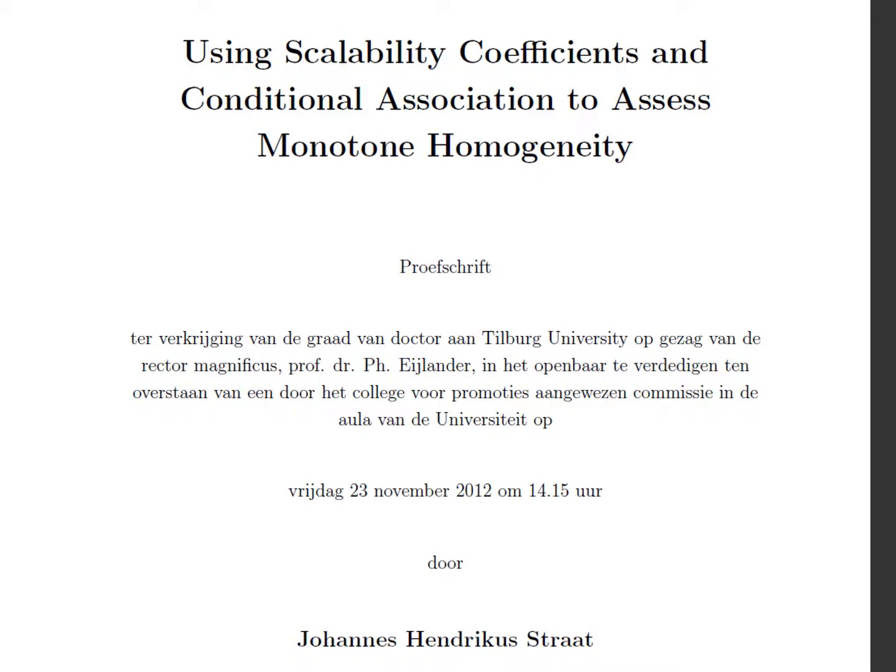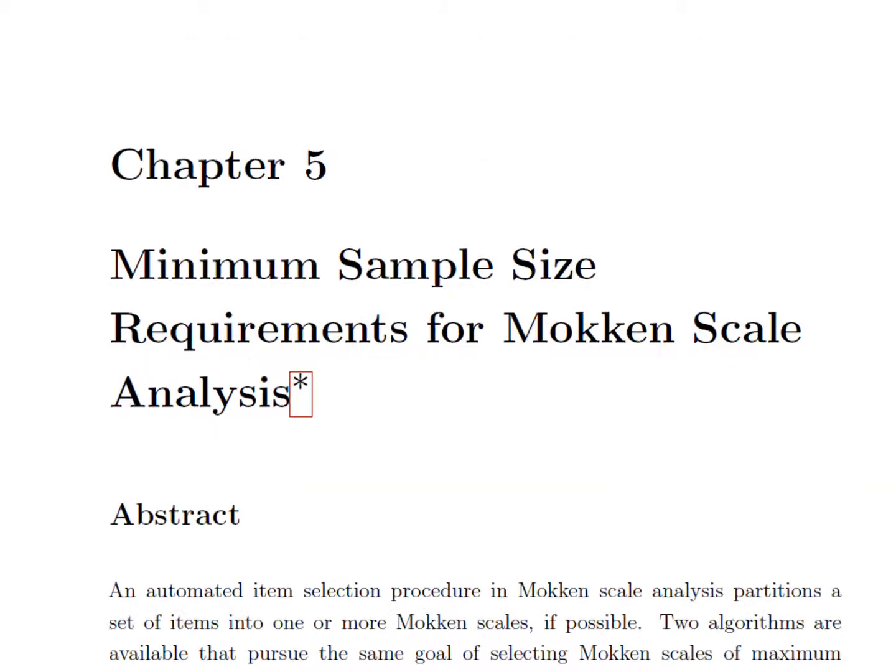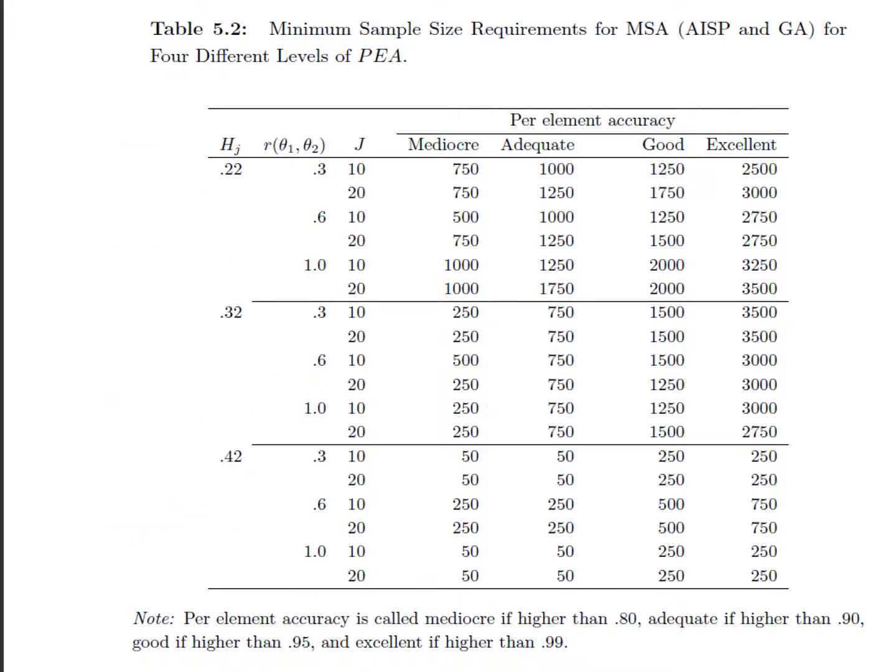There's also work by Straat, which is trying to investigate, using simulated samples, the sample size requirements for Mokken scaling analysis. And this table, which is quite hard to interpret very quickly if you're not familiar with it, looks at mediocre, adequate, good and excellent per element accuracy.